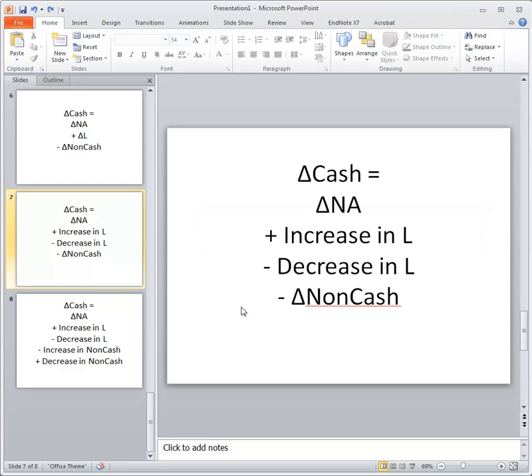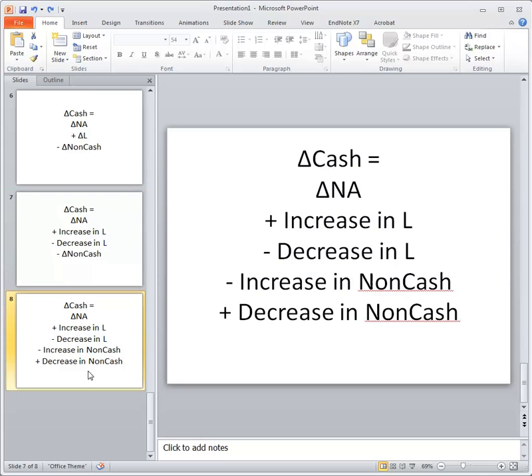Now we just have to deal with this non-cash. The non-cash is in the opposite direction, so any positive increase to non-cash is going to actually be subtracted from the change in net asset, and any decrease in non-cash accounts will be added to the net asset to get us to the cash.